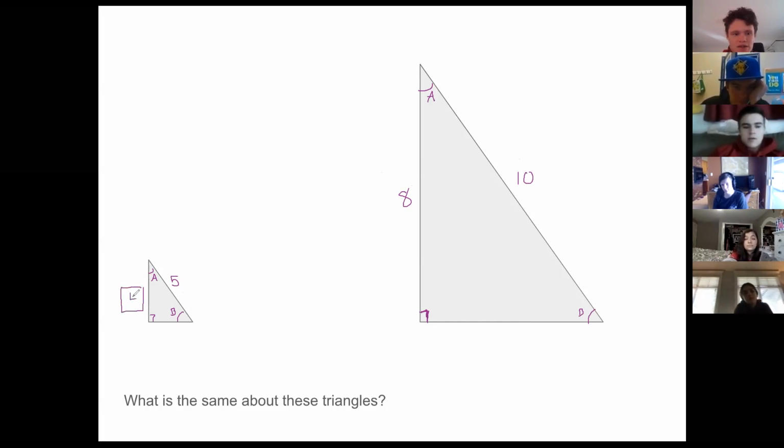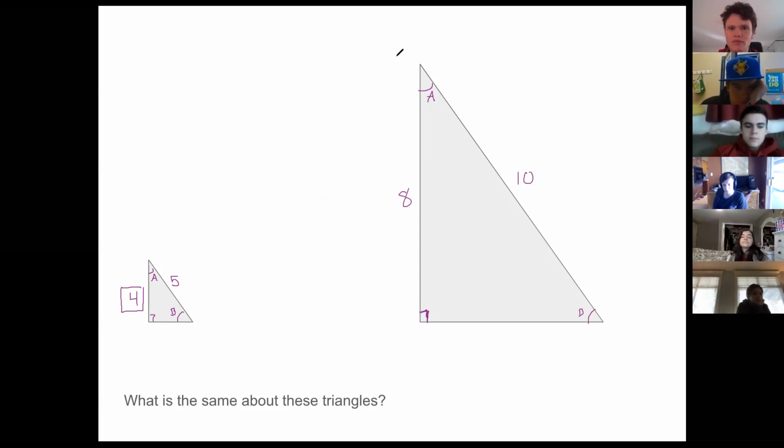Yeah. There's some sort of ratio between the lengths of the triangle. This reminds us of learning about similar triangles in previous years of school. Similar triangles, similar shapes, that have the same ratio. And so this becomes very important.